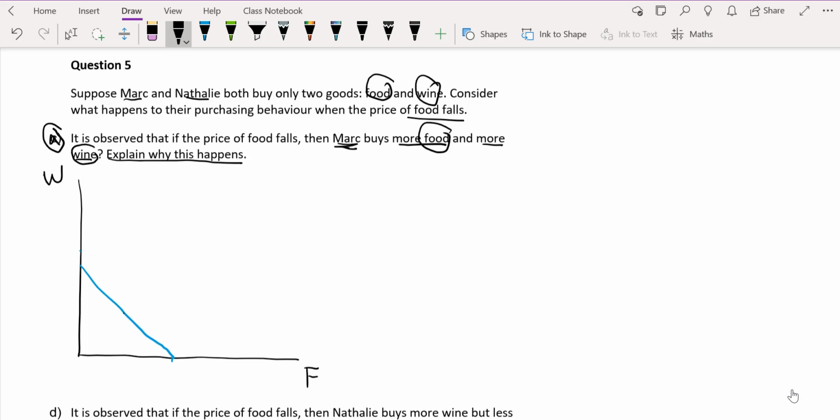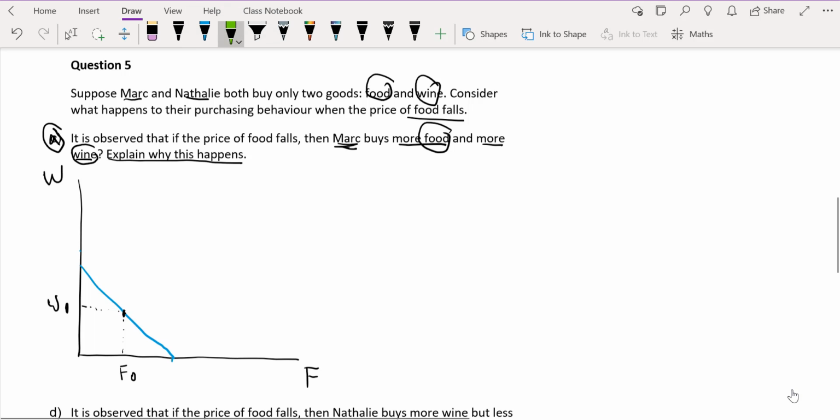So let's say the initial optimal bundle is here. So initially this was what Mark was buying. This is an arbitrary point, so you should be able to choose that without any trouble in your assessments. So these are the original optimal bundles.